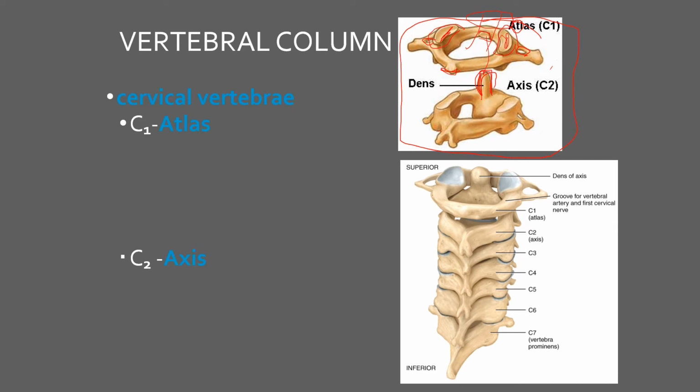Right? So you've got a joint between your occipital bone and your C1 with the occipital condyles and the facets here. That allows you to nod your head up and down, but then you have this little dens here on the axis that articulates with this facet, which allows you to move your head from left to right.